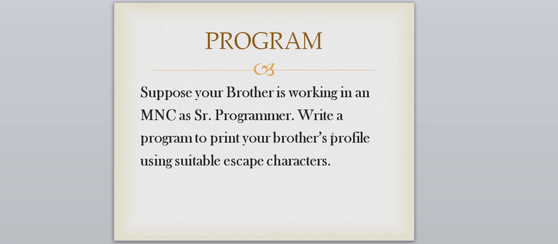Now, whenever forms are given out in your schools to fill out information about your class and everything, they always have a certain format. They are never random. That is what you are going to do with your brother's profile. You do not have to make it random. You have to be very careful about it.